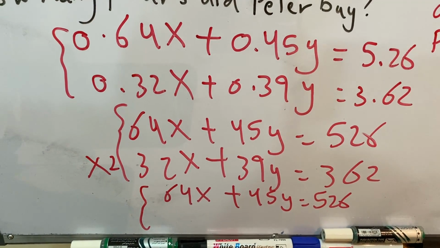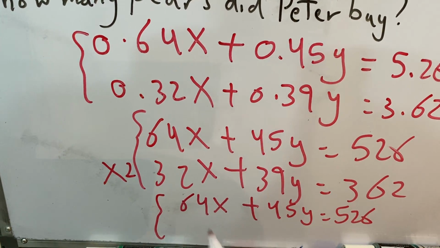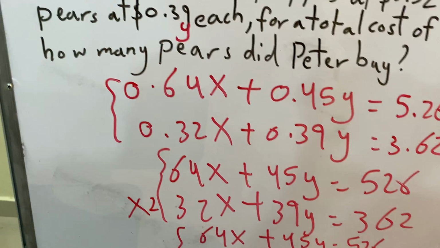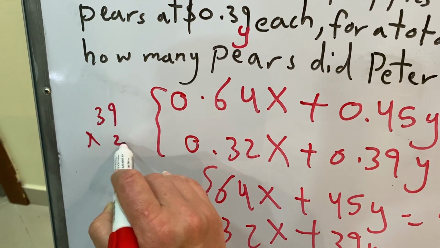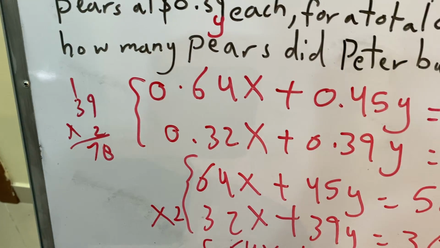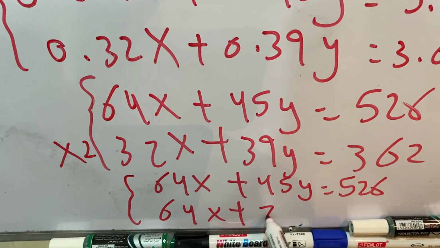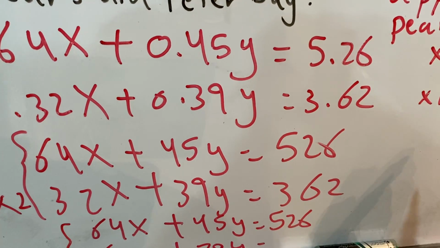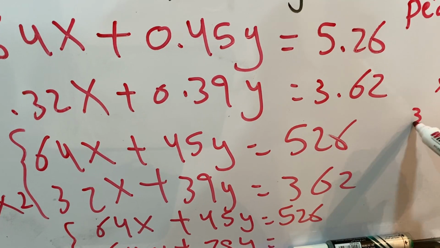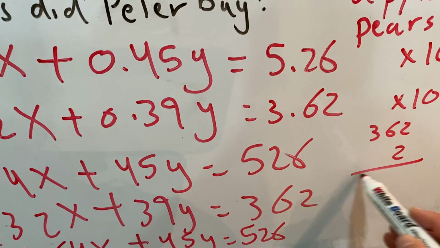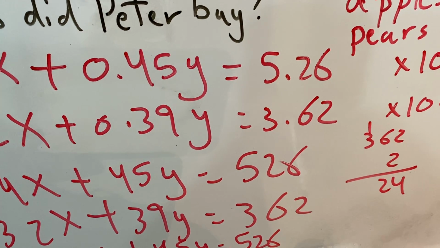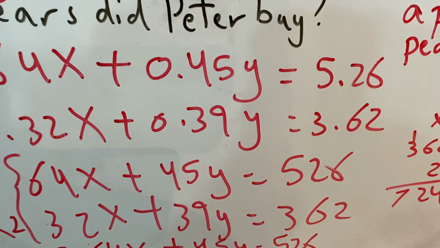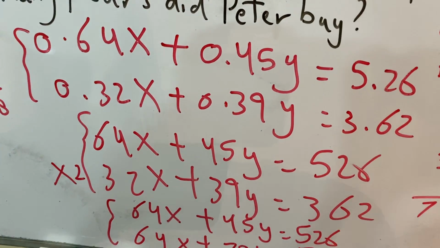For the second one, I will multiply 2 by each term. 2 times 32x will give me 64x, plus 2 times 39, which is 78, so plus 78y, equals 2 times 362, which gives me 724. Now I have my two equations here.